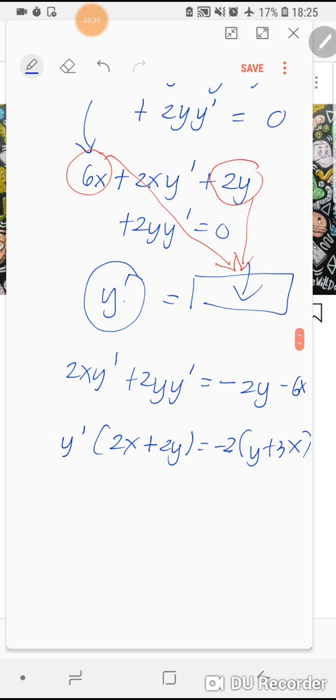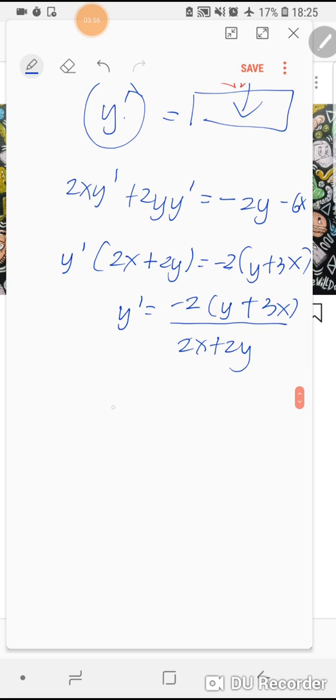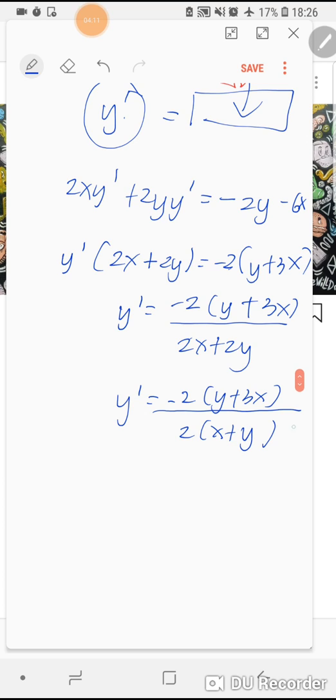Since our goal from the start is getting y prime, we have negative 2y plus 3x over 2x plus 2y, and we can still simplify the entire expression. Negative 2y plus 3x over 2 quantity x plus y, which is 2x plus 2y if you were just to check it.